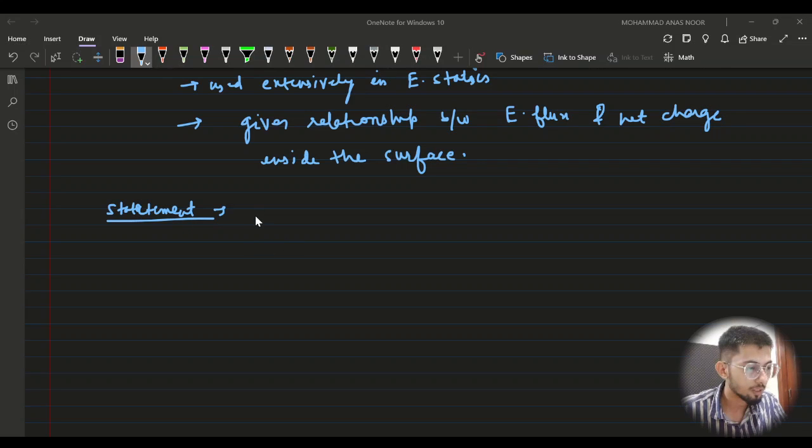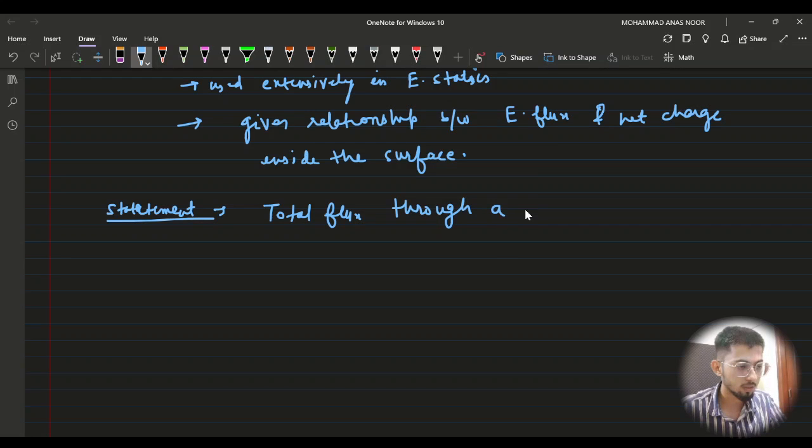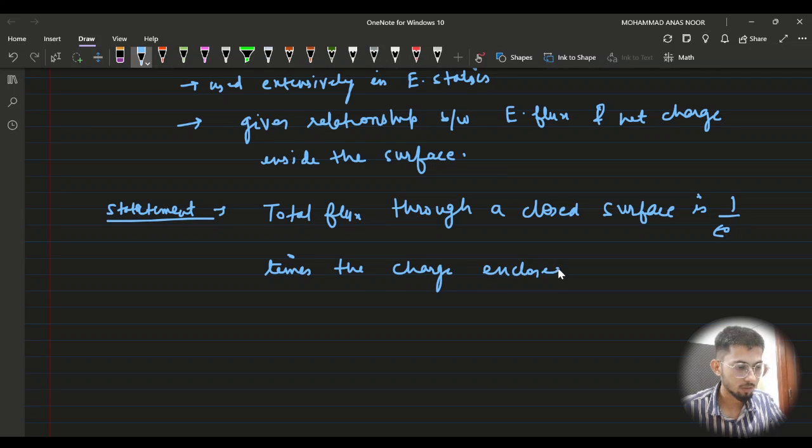So it is written that the total flux through a closed surface is equal to 1 by epsilon naught times the charge enclosed by the surface.